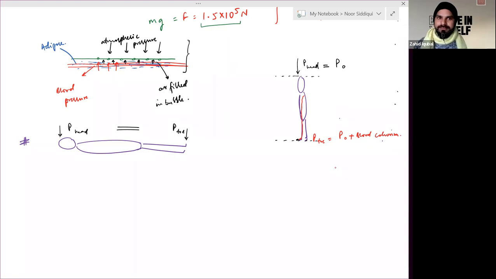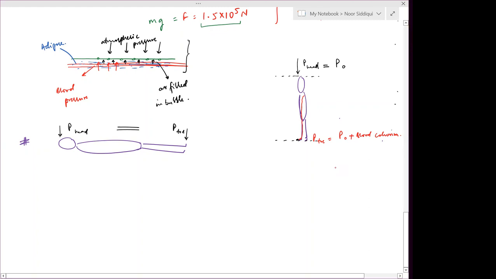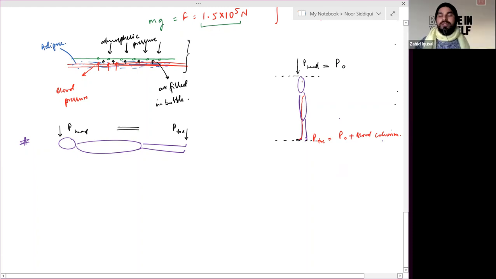Is it clear? Sir, the head one will be, the vertical position one will be more pressure, right? No. You will be asked why pressure at feet is greater than pressure at head. So you will say at head, there will be pressure only due to air, since there is no fluid just above head in this position.